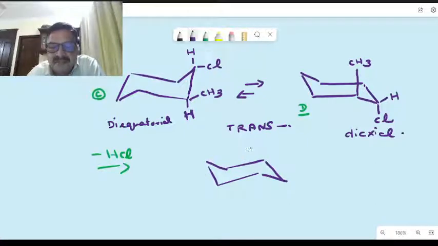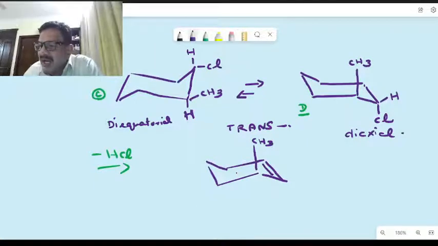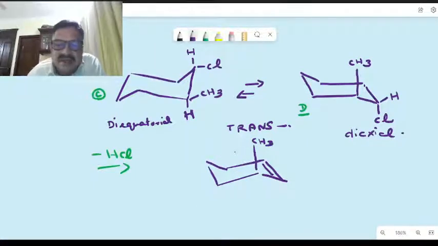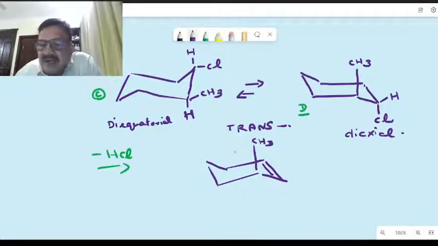Okay, now this is the alkene. Okay, minus HCl. So CH3 group here, because there is an equatorial hydrogen here. This equatorial hydrogen does not react here.